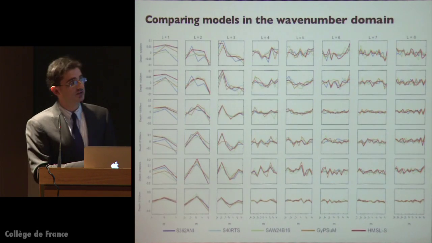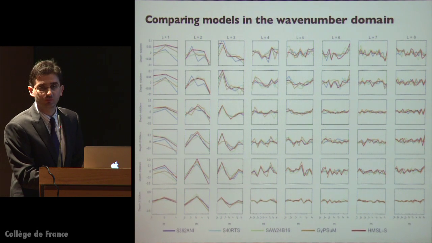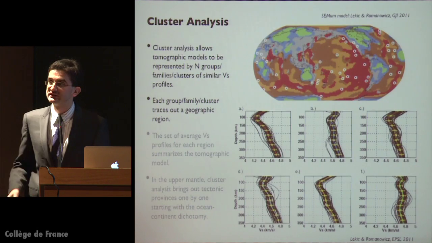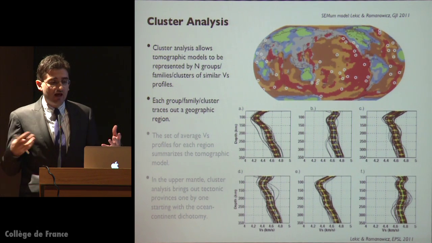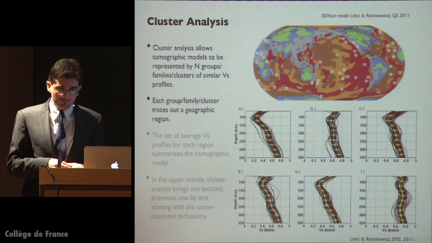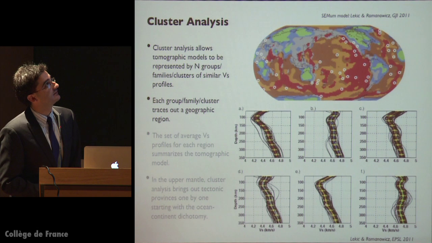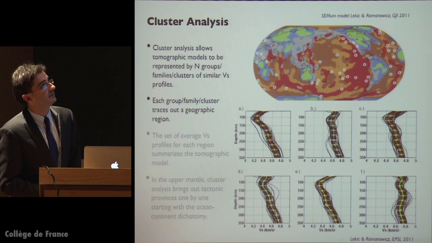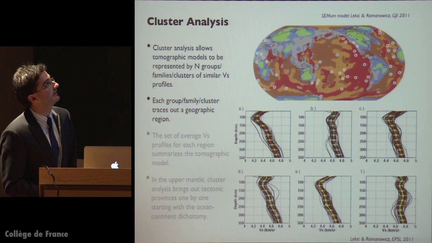But I don't know about you, to me it is not obvious how to interpret the similarities or differences in spherical harmonic coefficients. So there's a technique that allows us to compare the differences between these models, and it is a very standard data analysis technique, which is cluster analysis.